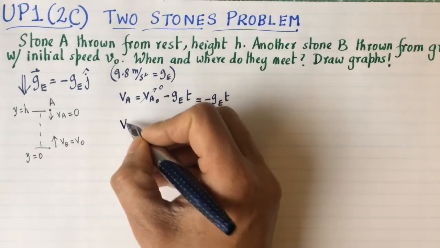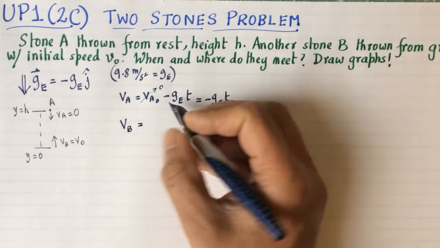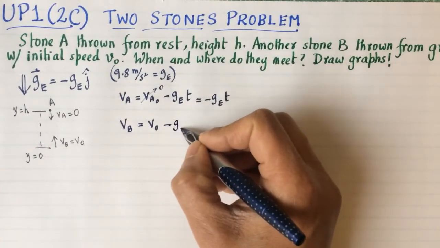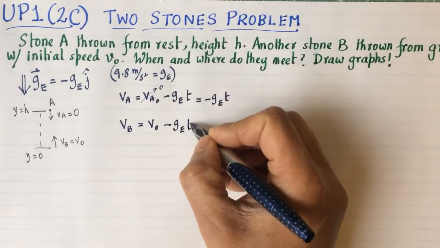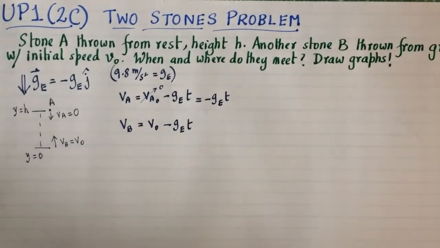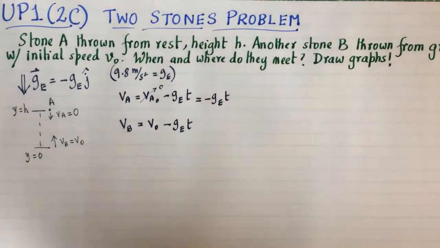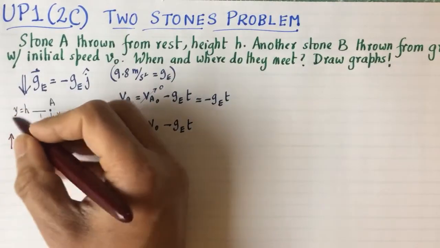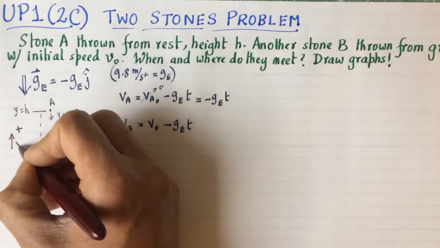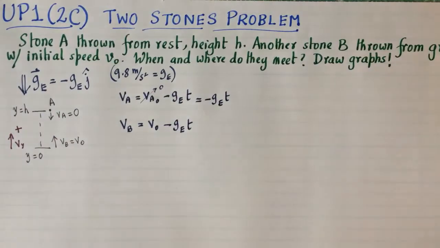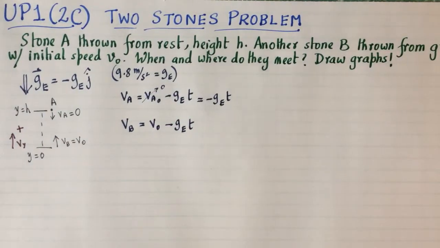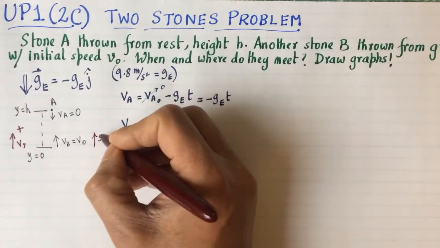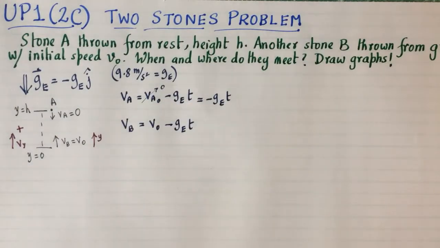For stone B, it's going to be v0 minus g sub e times t. Now in terms of the sign convention for velocity, let us agree that positive vy is in the upward direction. The y-axis points like that.